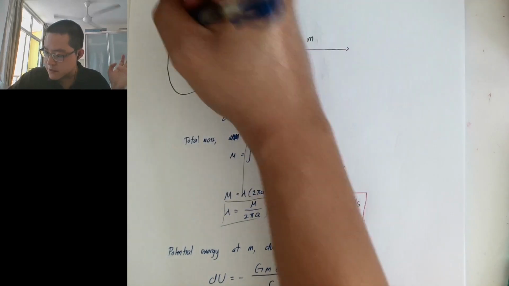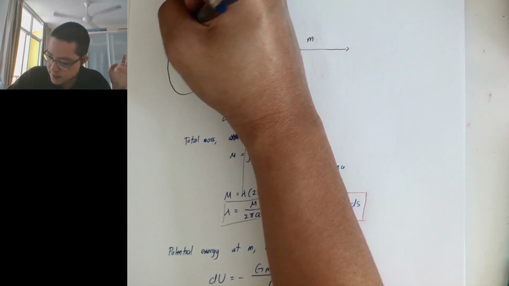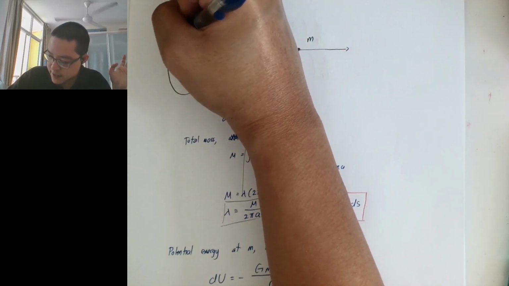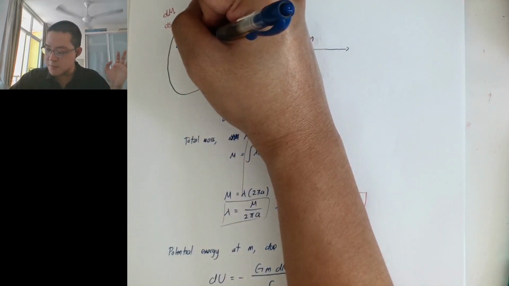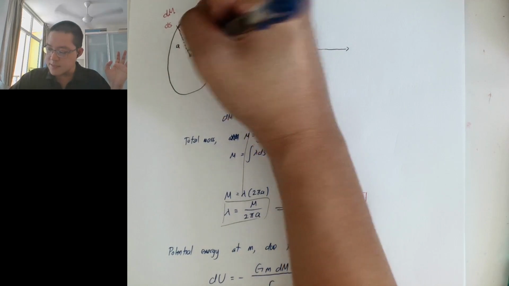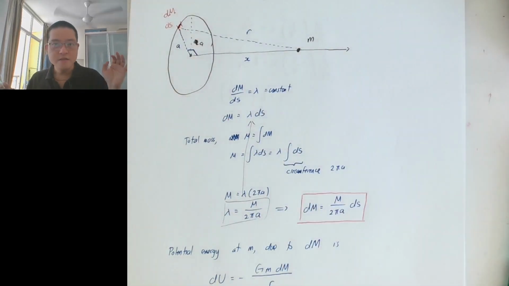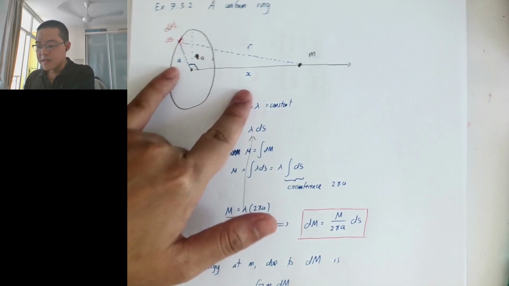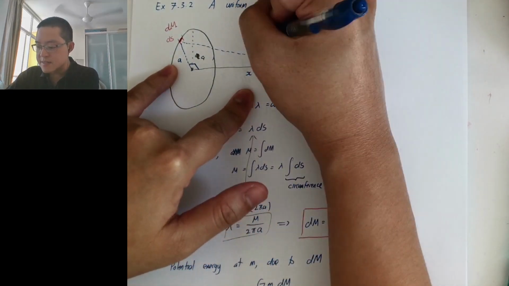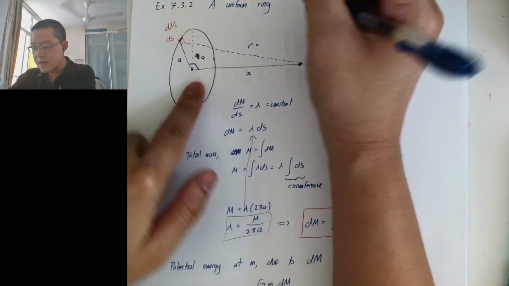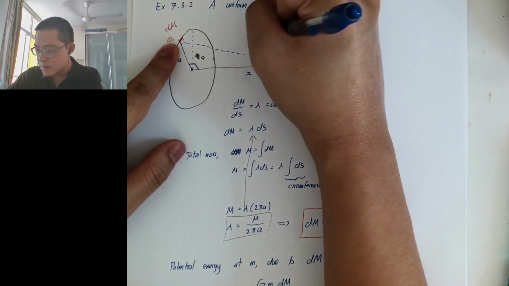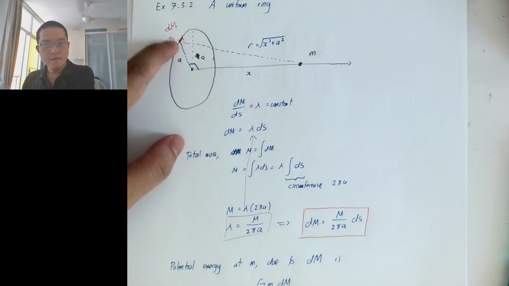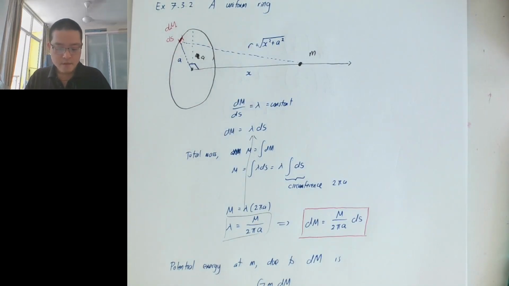The length from here to here is R. This part is radius a. Okay, so this is a three-dimensional picture. This is a right angle triangle. So can you see how to get a formula for R? The distance is square root of x squared plus a squared.